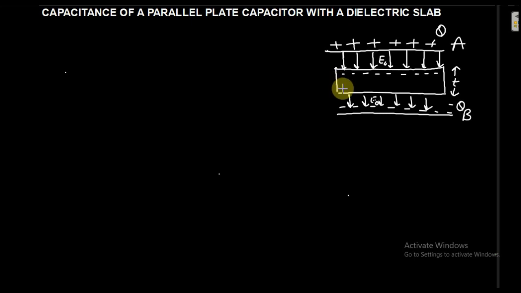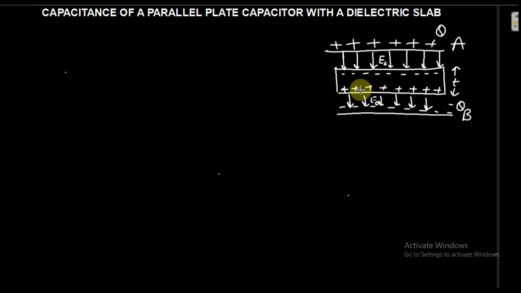Because of that, negative charge will develop here, and positive charge will develop on this side. So here the polarization process occurred. If you want to know about the polarization process, you can see the previous lecture where I explained the dielectric polarization process.